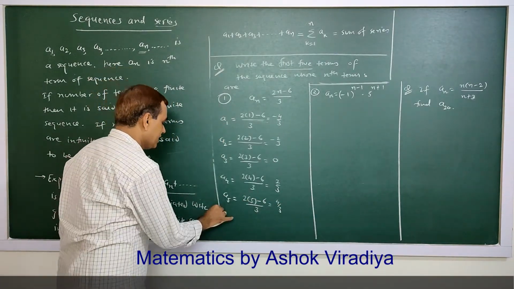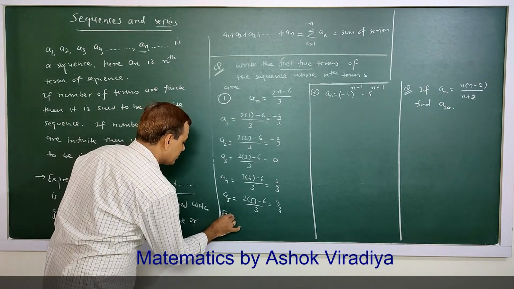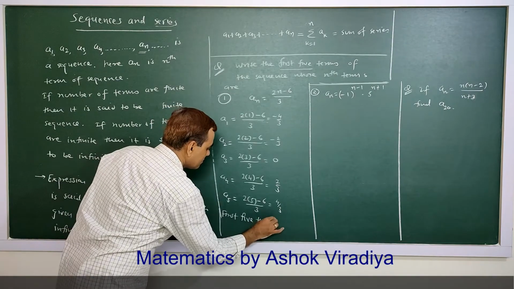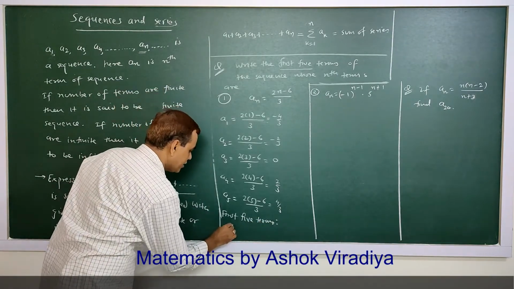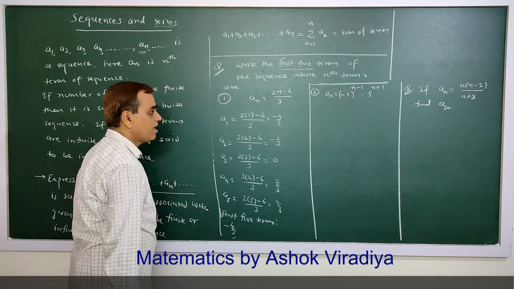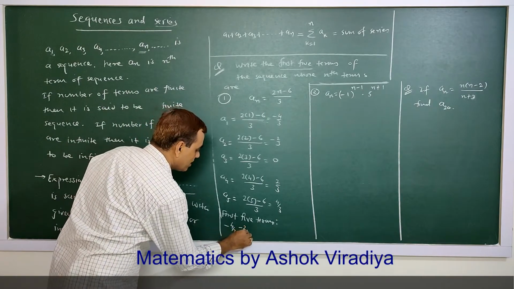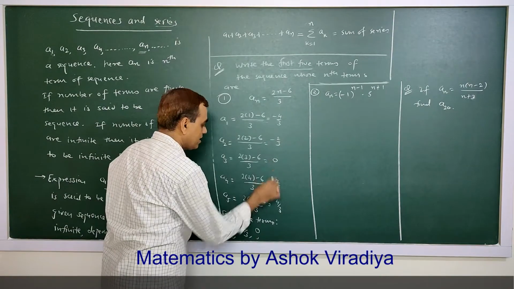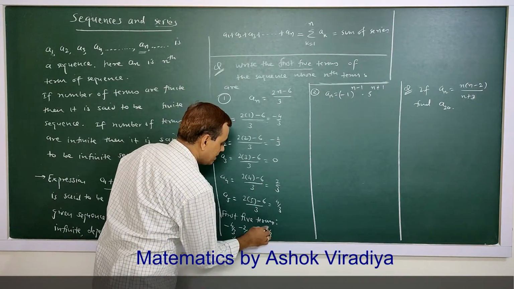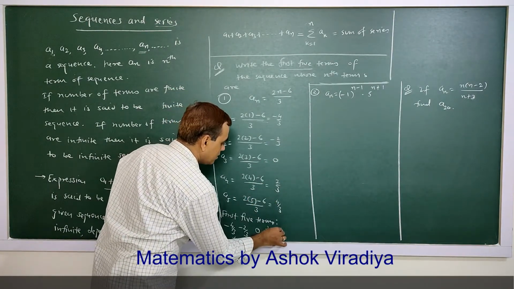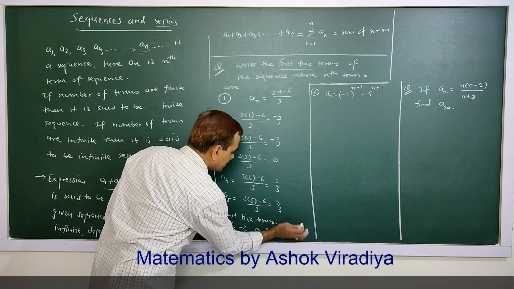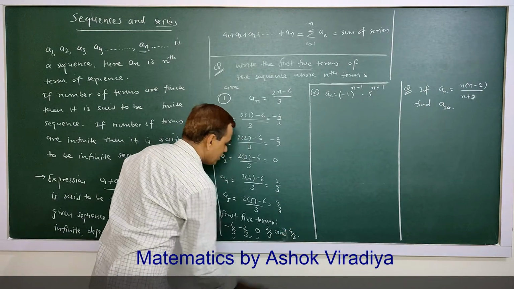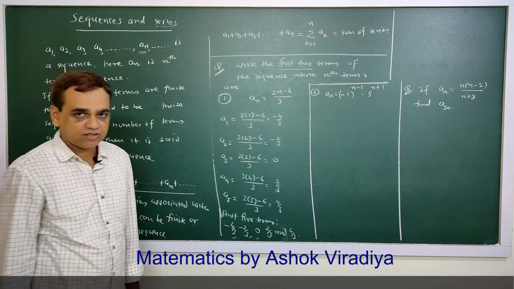So the answer is, the first 5 terms are minus 4 by 3, minus 2 by 3, 0, 2 by 3, 4 by 3. So these are the first 5 terms.